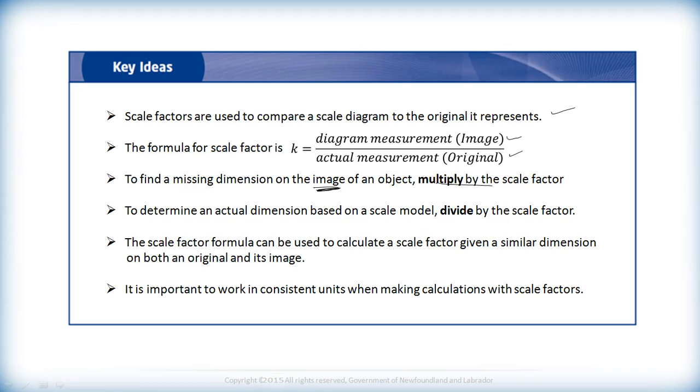And to determine the actual dimension based on the scale model, we divide by the scale factor. So if we want to find the measurement on the actual diagram given the measurement on the scale, we would divide by that scale factor. The scale factor formula can be used to calculate a scale factor given a similar dimension on both an image and its original. And we saw that in the last example that we did. Okay, so we just use that division to find the scale factor.